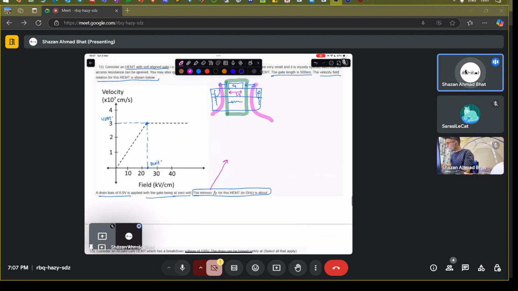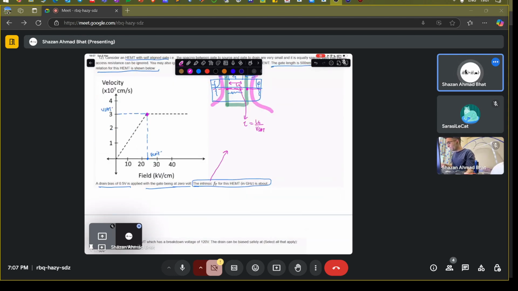You can use simple maths: compute the transit time of an electron, how long it takes to move from this end of the channel to the other end. The time taken will be the gate length over the saturation velocity, assuming the electron has reached saturation velocity, because that is what is given from this plot.